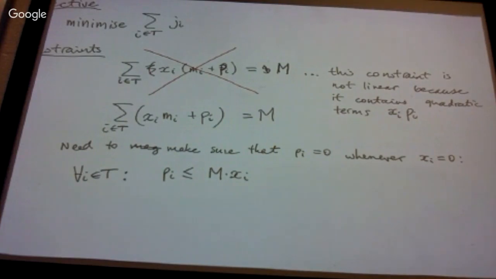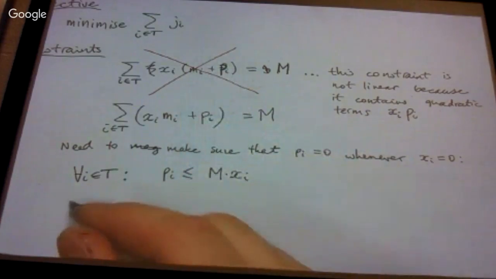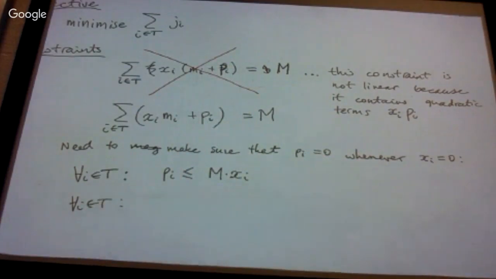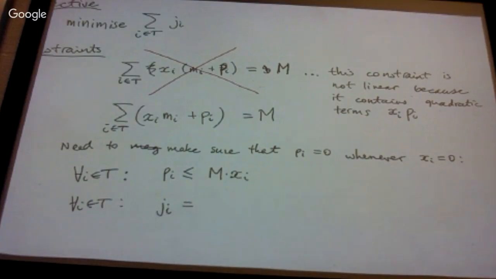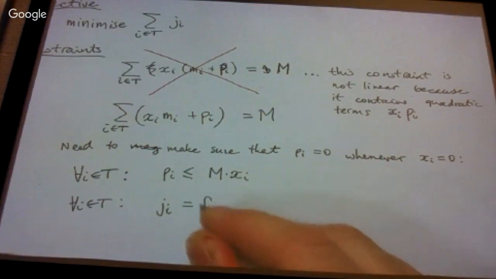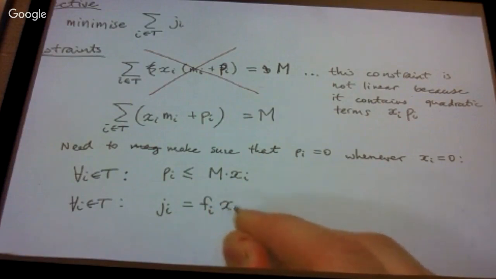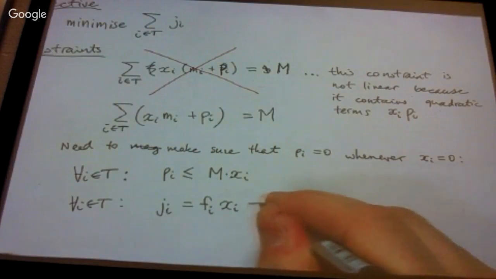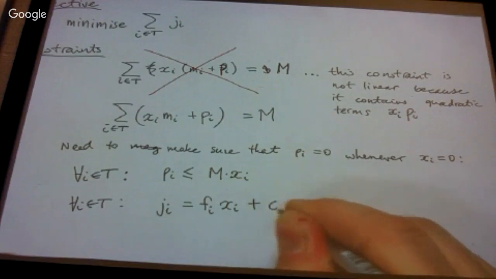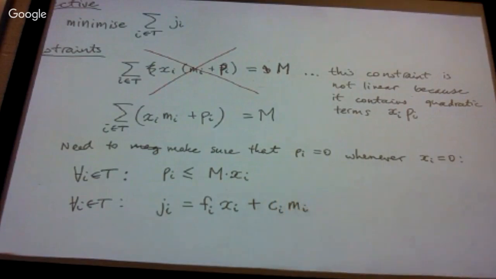And then there's this complication with the j. We should make sure that this j actually expresses the amount of money that we spend with that telecom. So the amount of money we spend with that telecom is, well, if xi is 1, then we have the subscription charge fi, and we're also paying for each of the minutes, like that.